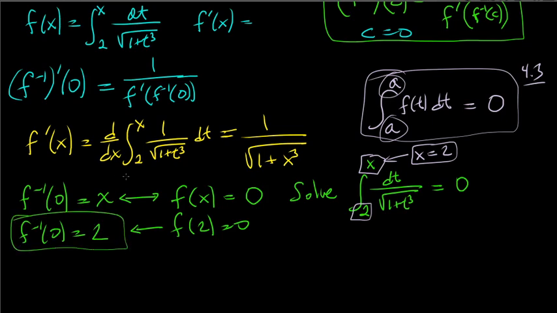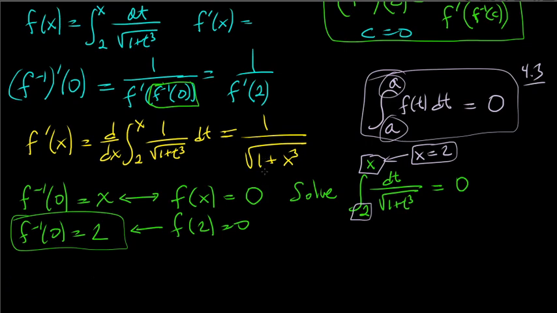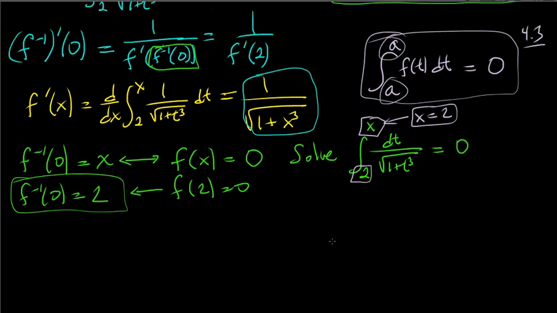So that's what we're going to plug in to the derivative. We're going to plug in 2 here. In fact, let's make that explicit. This is 1 over the derivative of f at 2. So here's the derivative of f. Sorry, I'm running all over the place here. Okay, so let's copy it down here.